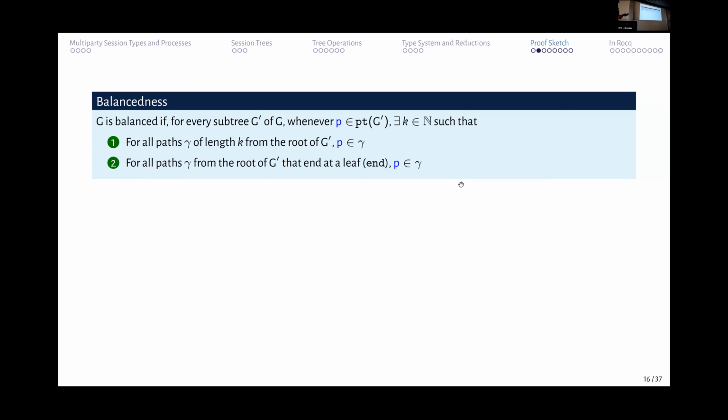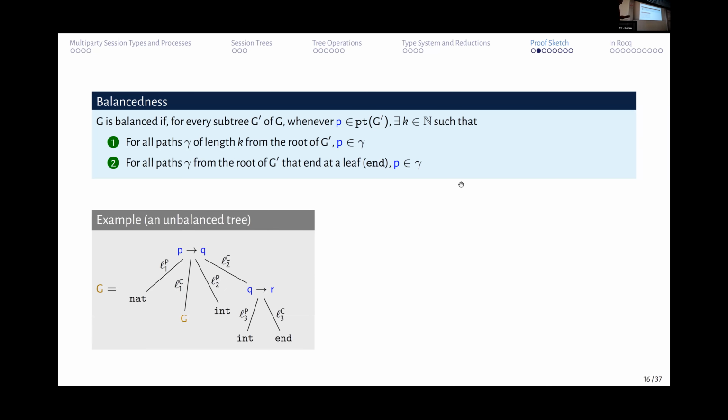The definition is that a global type tree G is balanced if for every subtree G prime, whenever we have a participant that's involved in that subtree, we have some global K such that every path starting from that subtree always includes the participant or terminates. Essentially, what this means is that we can find a sort of finite prefix that always involves the participant without going on in an infinite loop.